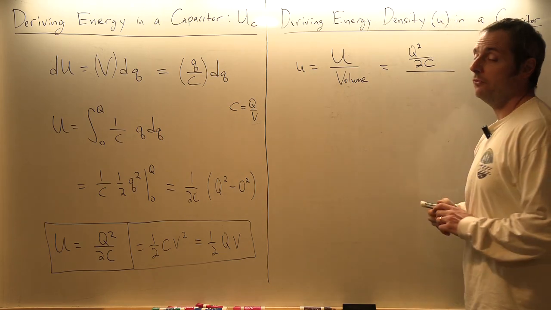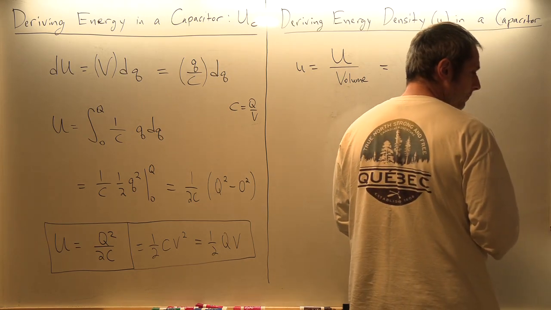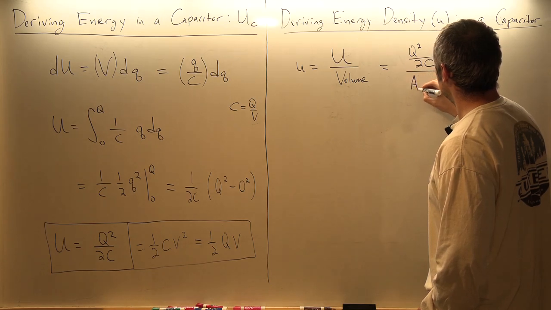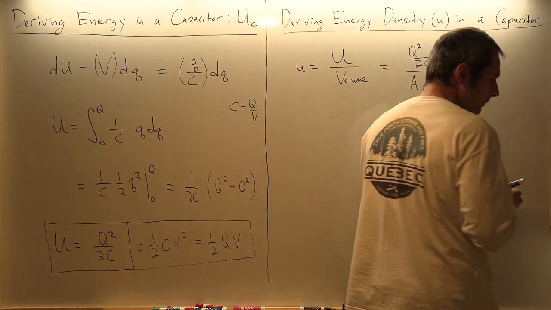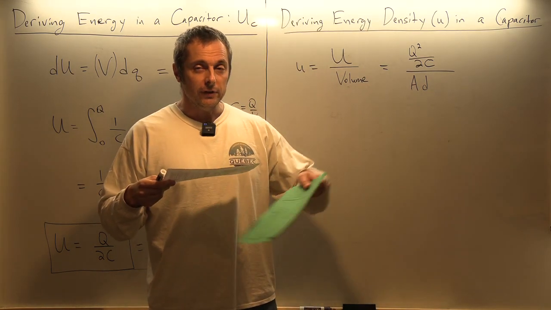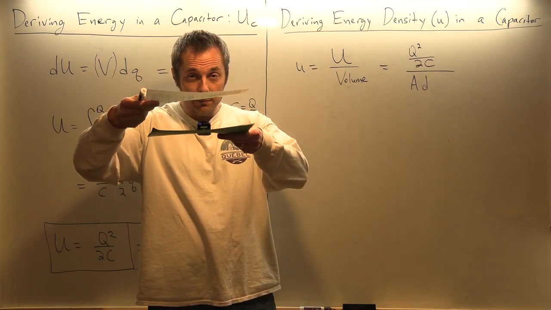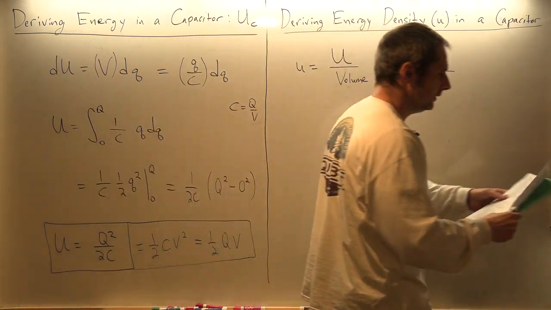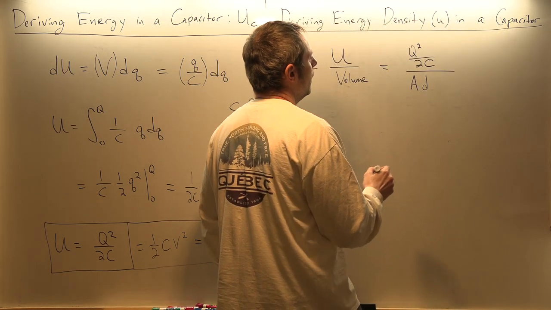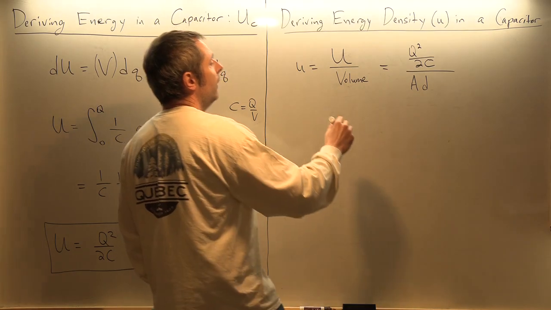And then on the bottom, the volume of a parallel plate capacitor will just be the area times how far apart the two plates are. Because basically, a parallel plate capacitor makes like a box. If you take the surface area here and multiply by the height, that gives you the volume between the two plates. Okay? So continuing on, what I'm going to do now is simplify this a little bit.